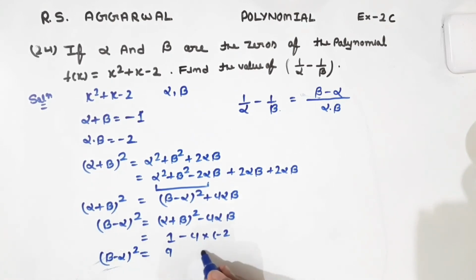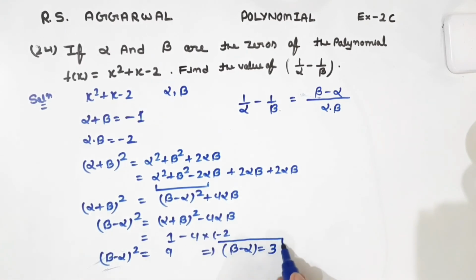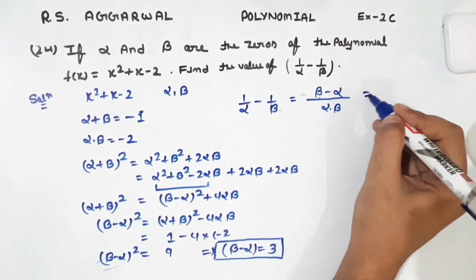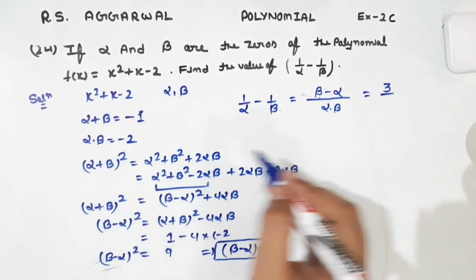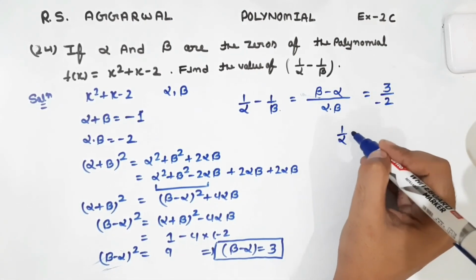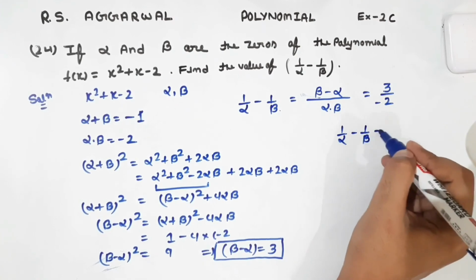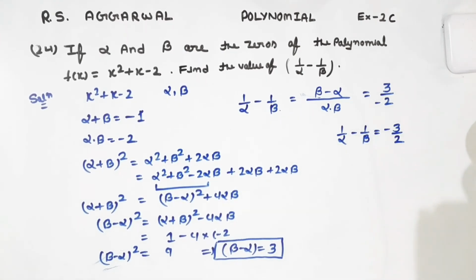So from here beta minus alpha will be equal to 3. This is the value of beta minus alpha. Now putting the value here, beta minus alpha is 3 and alpha into beta is minus 2. So the value of 1 upon alpha minus 1 upon beta will be equal to minus 3 upon 2.